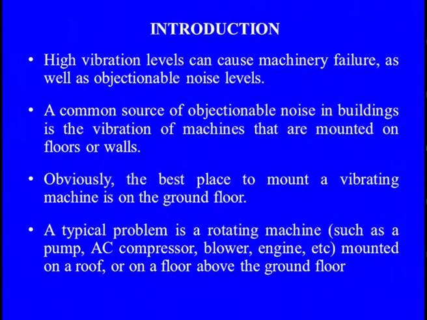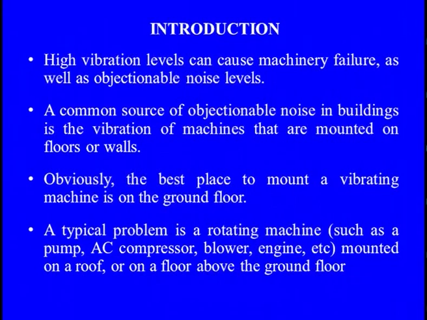A common cause of objectionable noise in buildings is the vibration of machines mounted either on the floor or on the walls. The basic theory says that heavy machines should always be installed on the foundation.